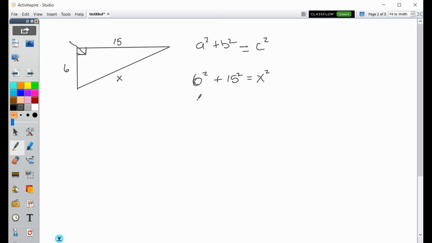So now we can do the a squared, 36, plus the b squared. And so 15 squared, I believe, is 225, but I'm guessing. Let me grab my calculator here. Okay, I know you can't see the calculator on the screen, but I'm going to plug that in, 15 squared.